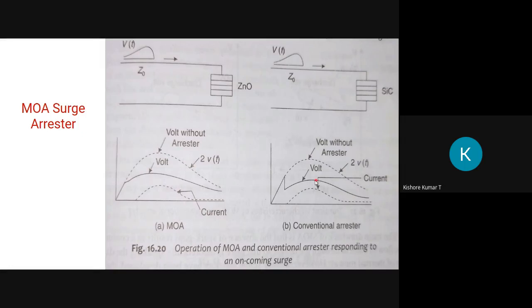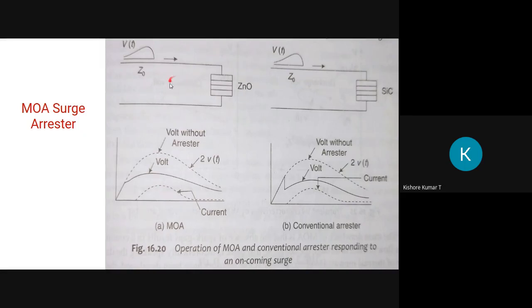That means once the rise in potential crosses this value, there will be a spark over across the equipment. Suppose you consider a transformer here. As I explained in the previous class, a lightning arrestor is always connected in parallel with the equipment which is to be protected.